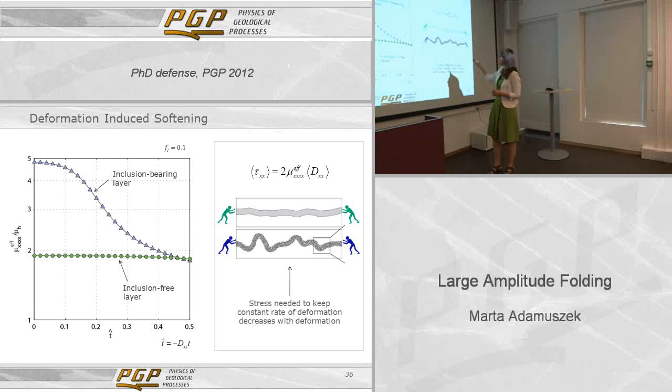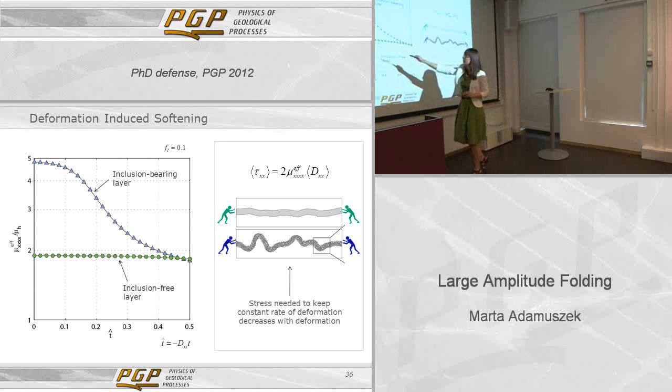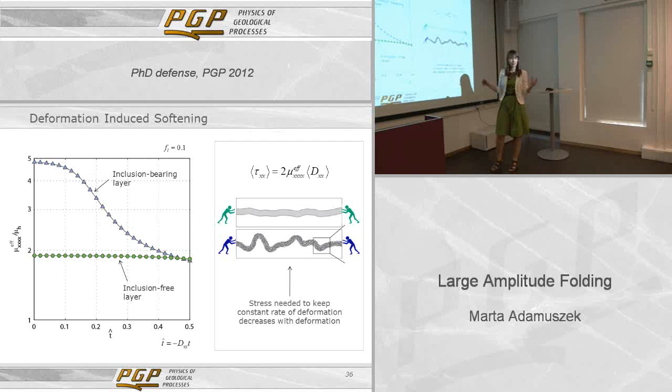And I see that in the model where I didn't have inclusions and the model didn't fold, the strength of the model stayed the same. Whereas in the second model, when I had inclusions, I observed a decrease of the strength when the layers start to fold.